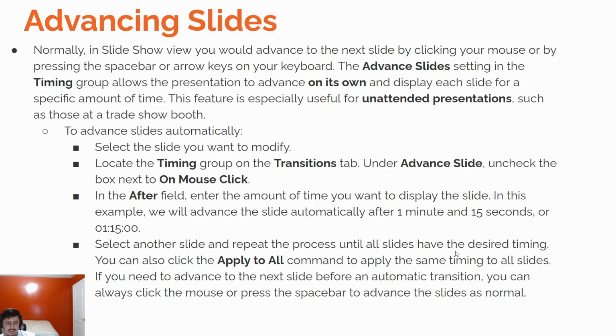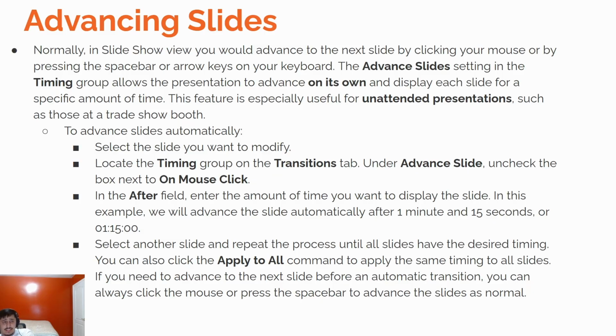Now we're talking about advancing slides. This is a pretty important slide, mainly because normally in slideshow view, you would advance to the next slide by clicking your mouse or by pressing the spacebar or arrow keys on your keyboard.